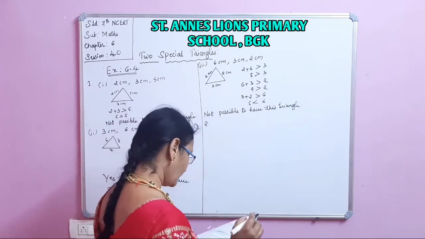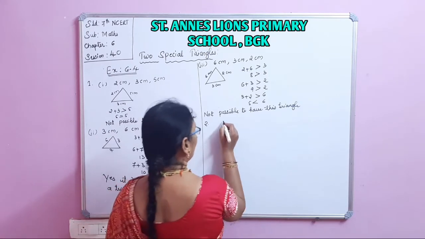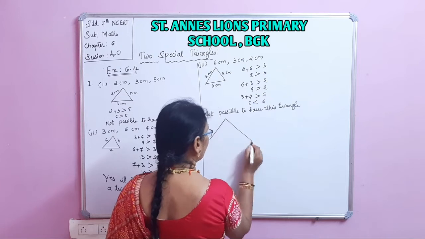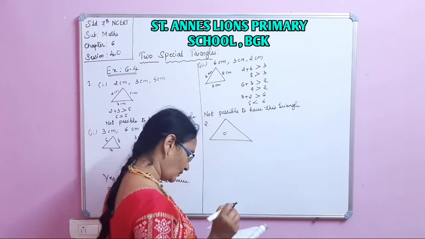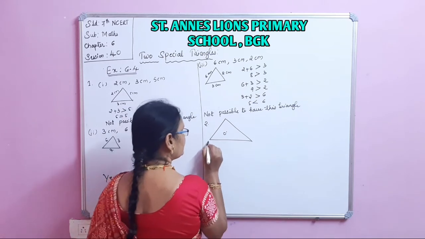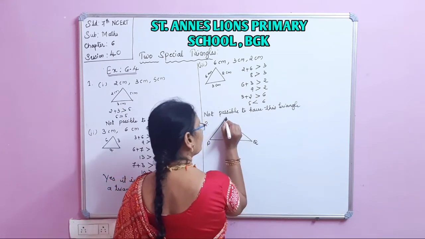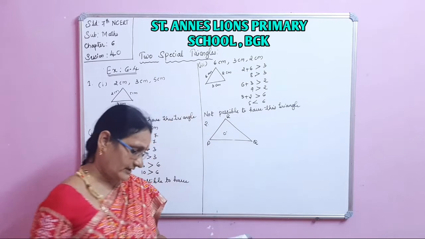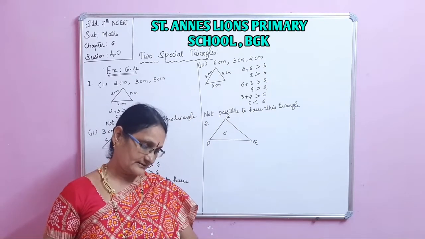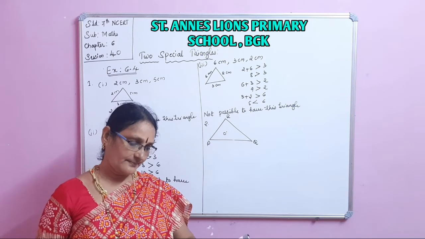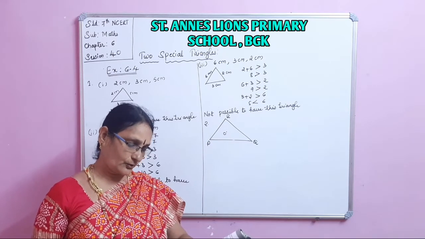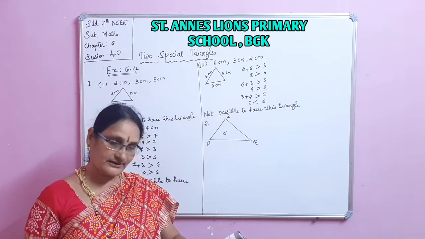Take any point O in the interior of a triangle. On the diagram they have given, we have to take the interior point as O. Then this is P, Q and R. Now they have given some conditions. Take any point O in the interior of a triangle PQR. Is OP plus OQ greater than PQ?